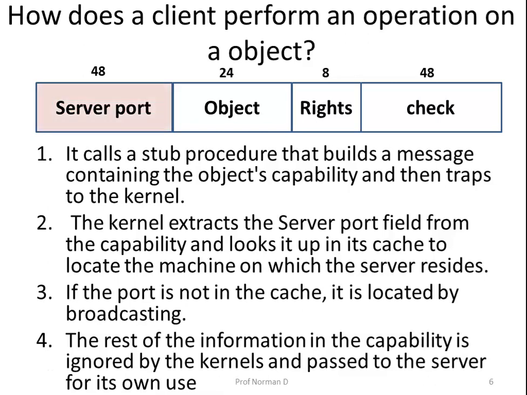If the port is not in the cache, it is located by a broadcasting process. The rest of the information that is provided in the capability is ignored by the kernel and passed to the server for its own use.